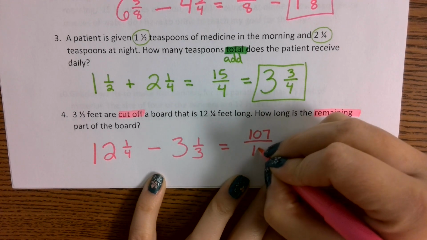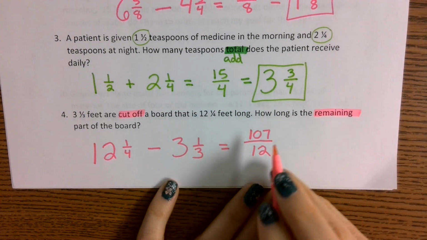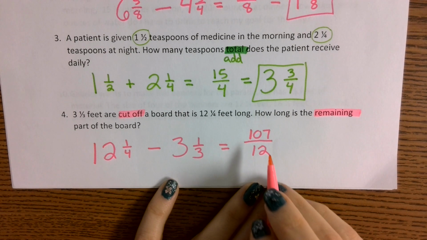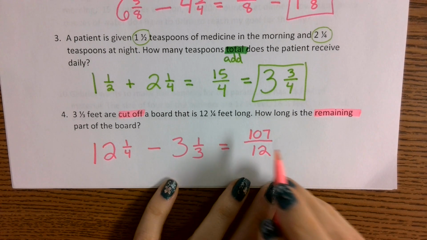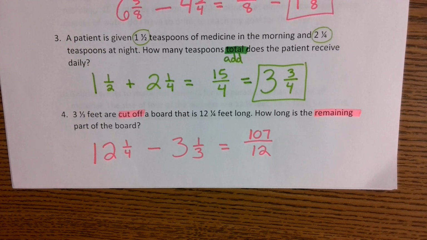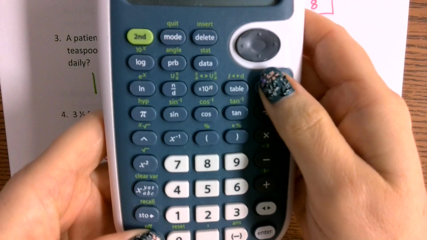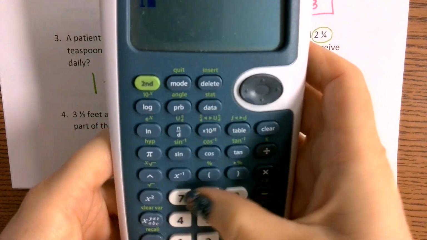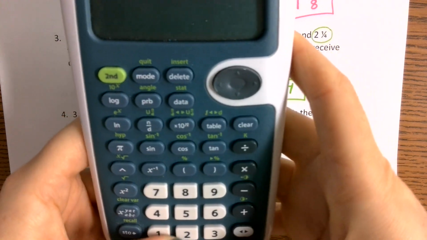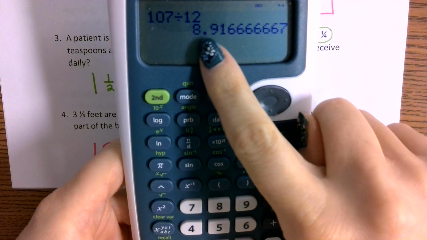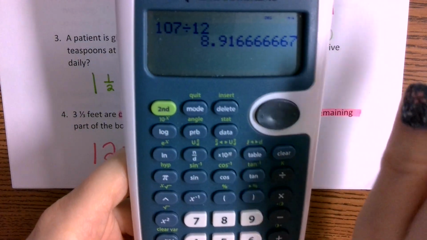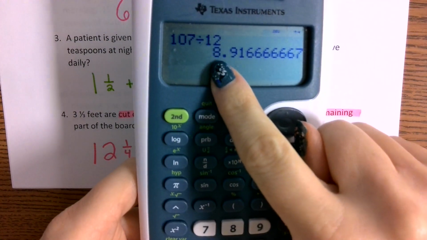107 over 12. Now this, guys, might be hard for you to figure out in your head. How many times can 12 go into 107? So you can actually just do this by calculator. You can take 107 and divide it by 12, and you get 8.9166666. That 8 is your whole number right there.